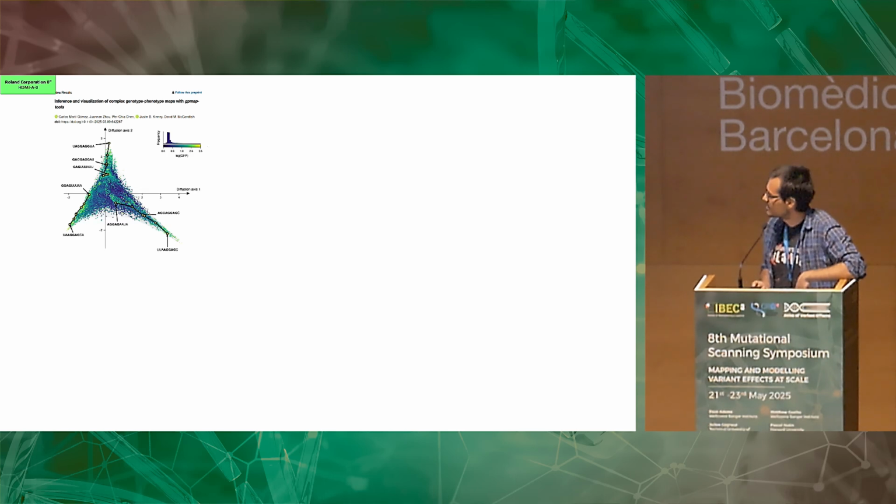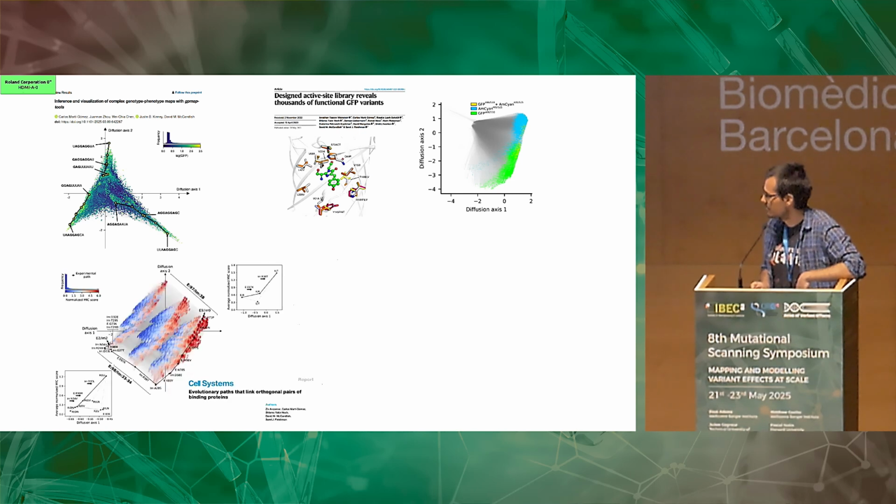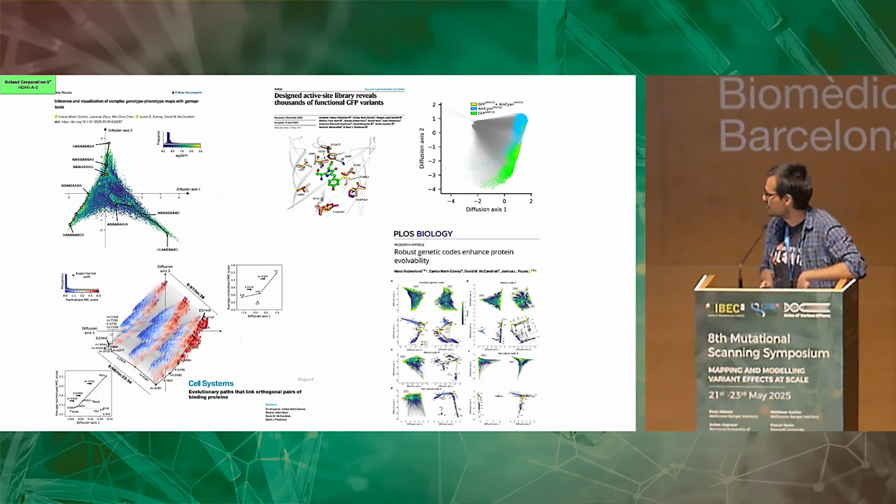And we have used these tools to now analyze a bunch of different complete combinatorial data sets, including regulatory sequences, protein-protein interactions. And we've also used it to see what the impact of the structure of the genetic code has on these maps.